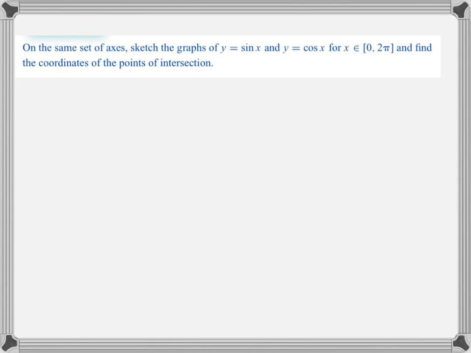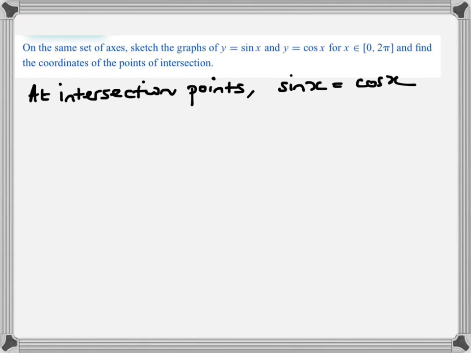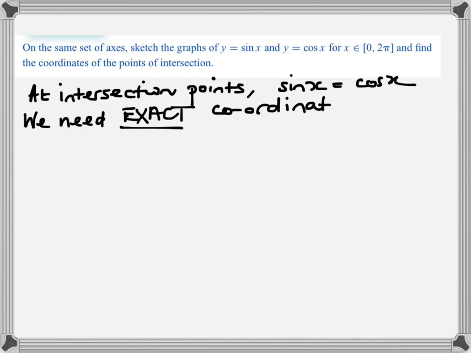So in actual fact, we have to solve this question for when sine x and cos x have the same value, that is, intersect. So that is another tan question in disguise. At the intersection points, sine x equals cos x, and we need exact coordinates.